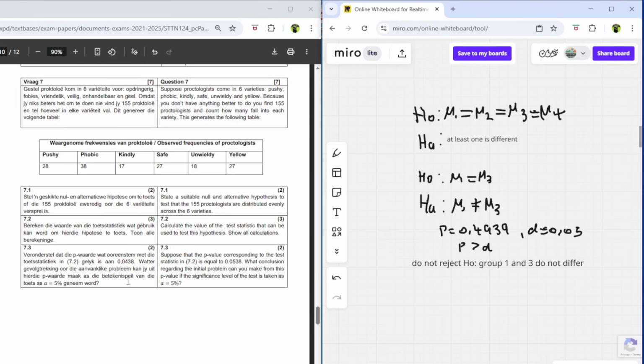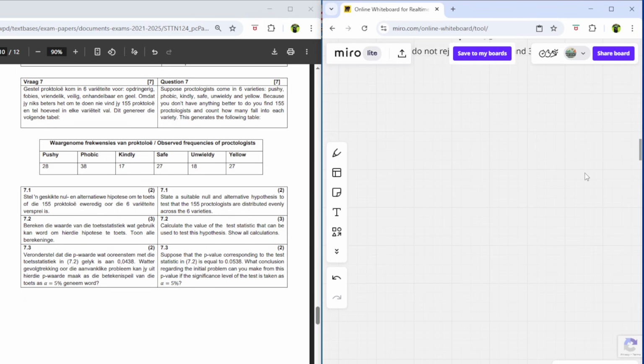All right, question 7 says, this is study unit 6, by the way. Suppose proctologists come in 6 varieties: pushy, phobic, kindly, safe, unwidely, and yellow. Because you don't have anything better to do, you find 155 proctologists and count how many fall into each variety.